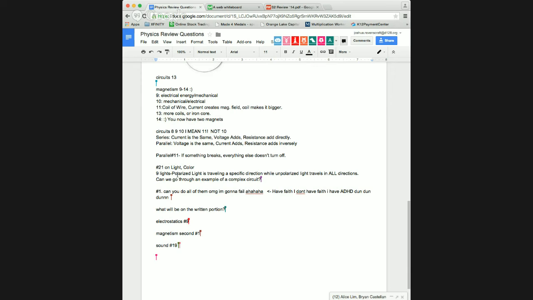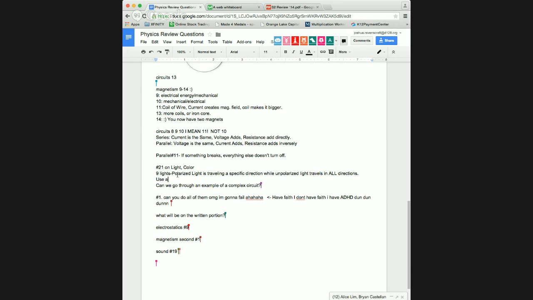Then how can you tell if it's polarized? Polarized film or a pair of polarized sunglasses, if you look through the light and you turn the film or the sunglasses and the light disappears and dims, then it's polarized light.